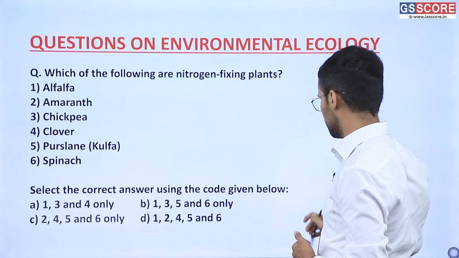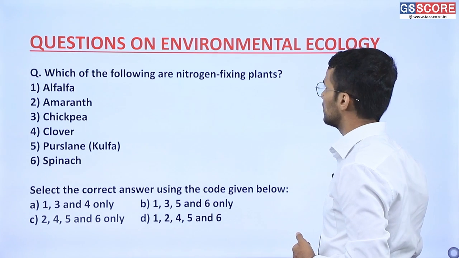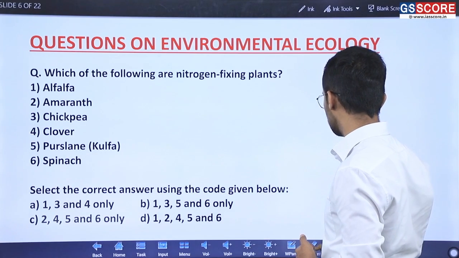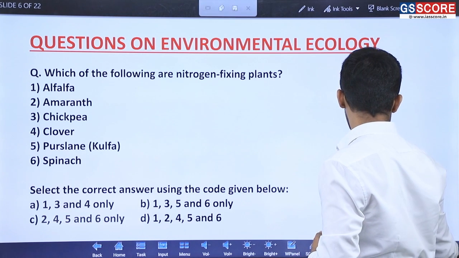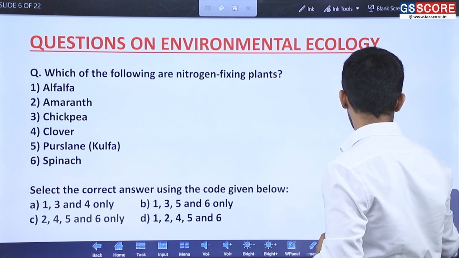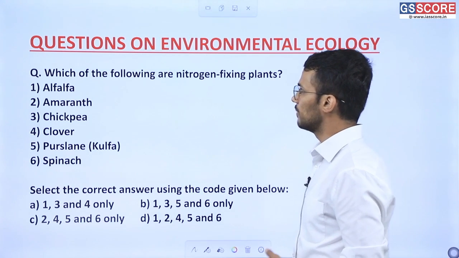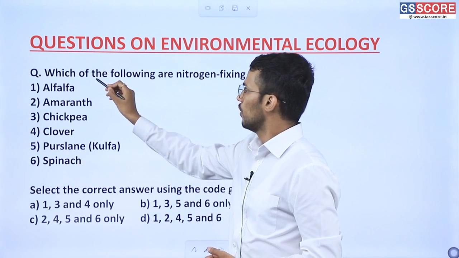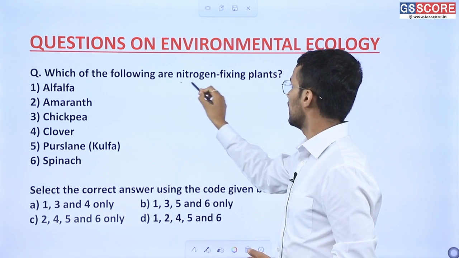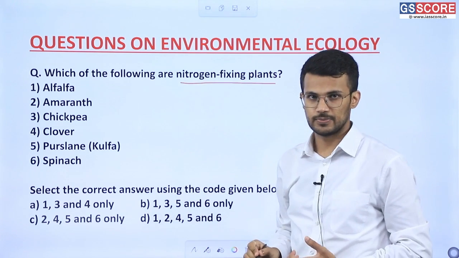Then in prelims, there are many questions that have been asked from the environmental ecology topic. For example, in the 2022 prelims examination, there was a question, which of the following are nitrogen fixing plants, right?